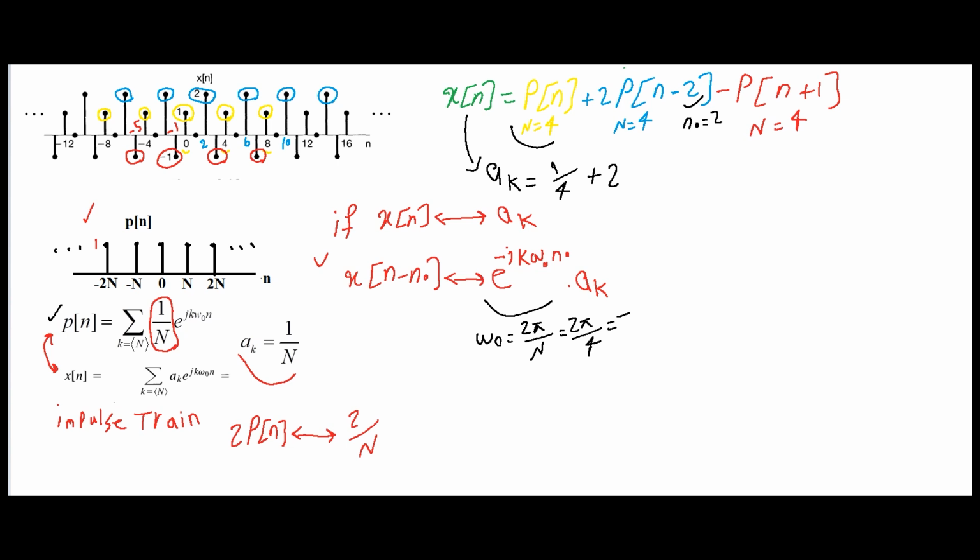So this gives 2 e to the power of minus j p times 1 over 4. For the term minus p n plus 1, we have n0 equals minus 1. So this gives minus e to the power of j p over 2 times 1 over 4.